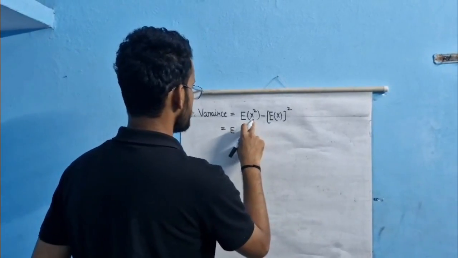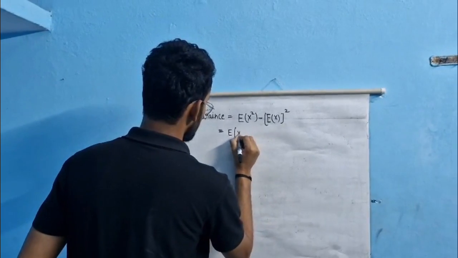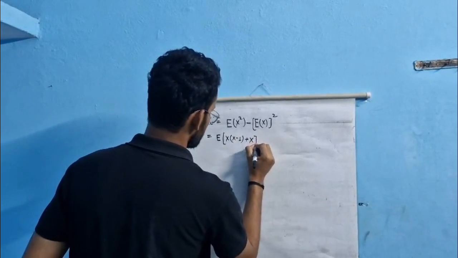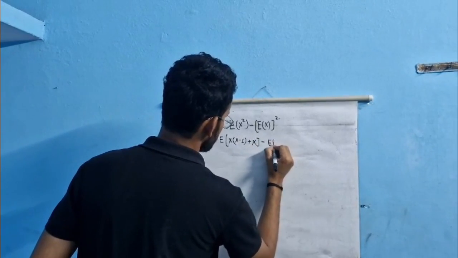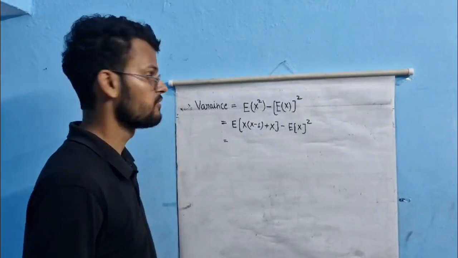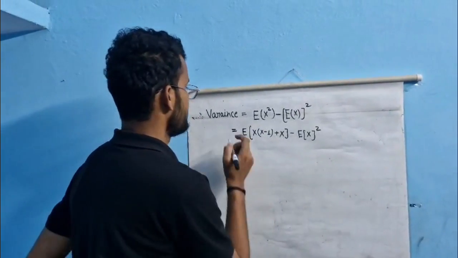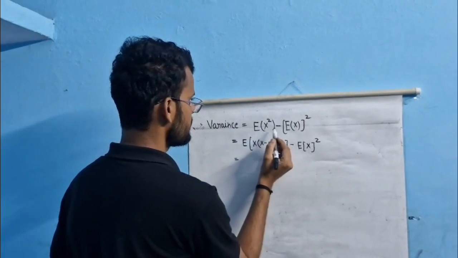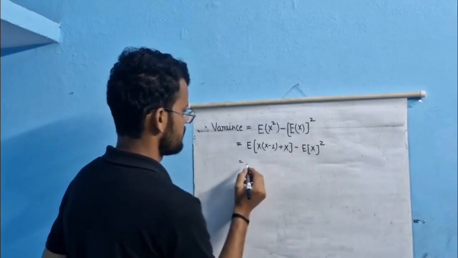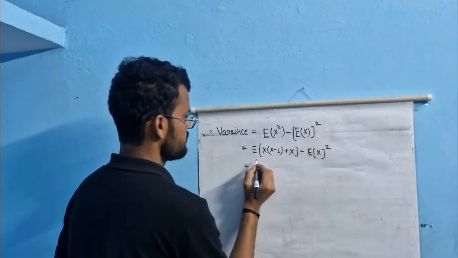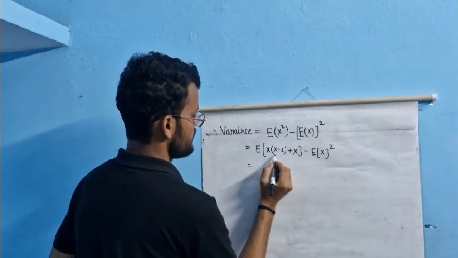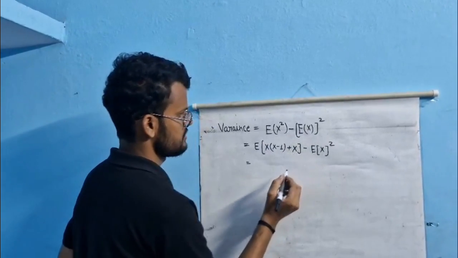We can write x square as x into x minus 1 plus x.